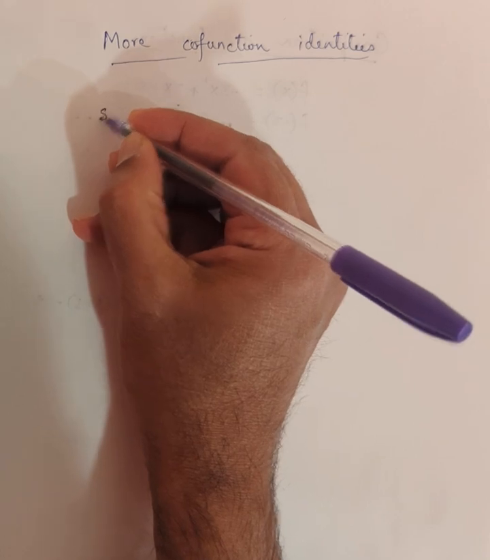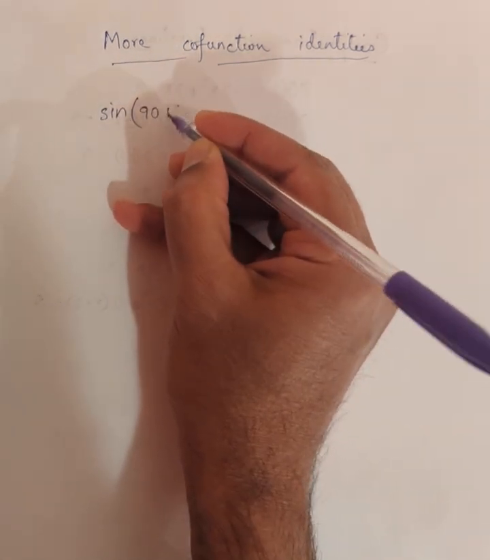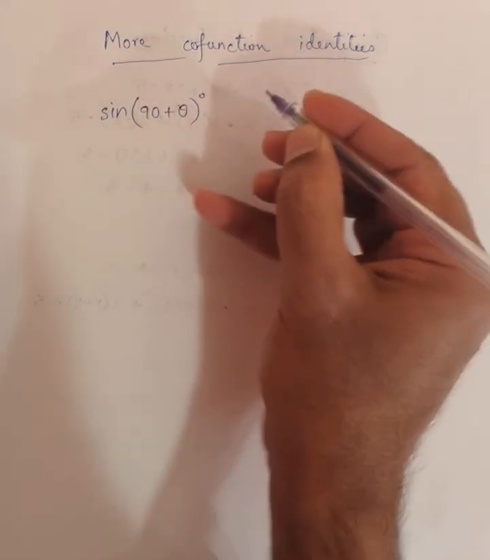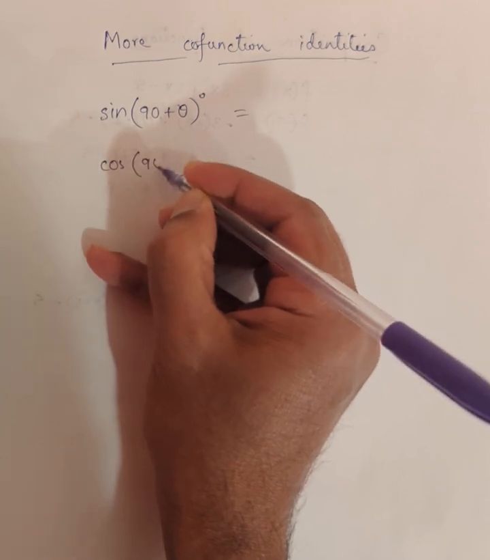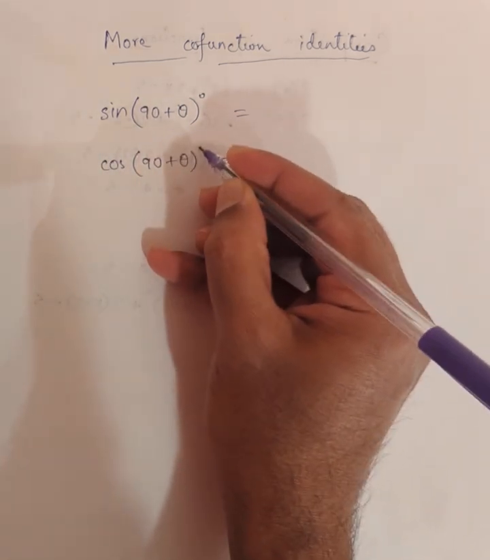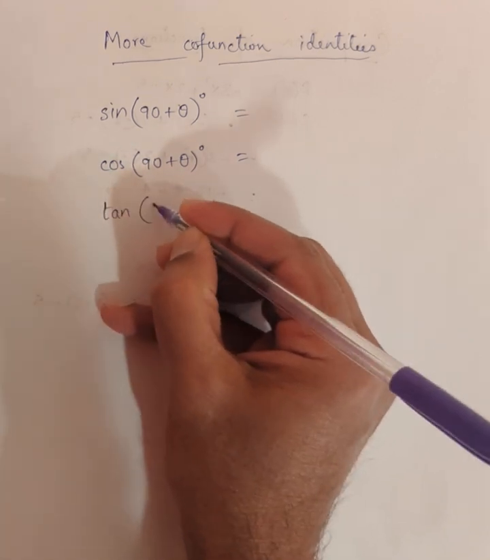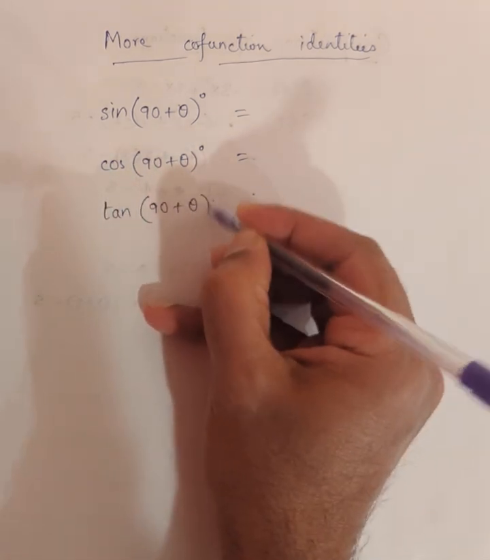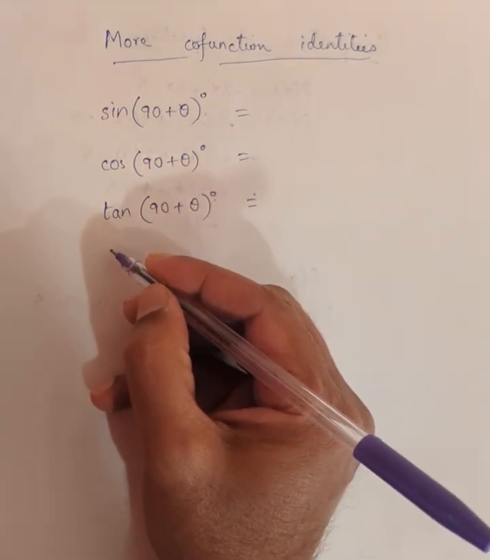Now, in this video, what I'm going to have is not 90 minus theta, but 90 plus theta degrees. And we will get values for all of these 6 trig functions that have 90 plus theta as the argument.